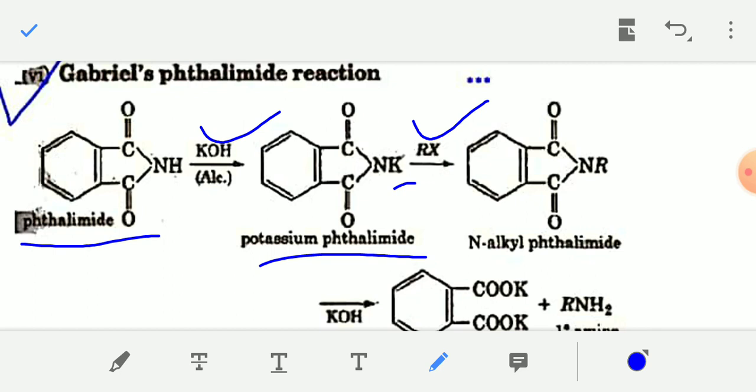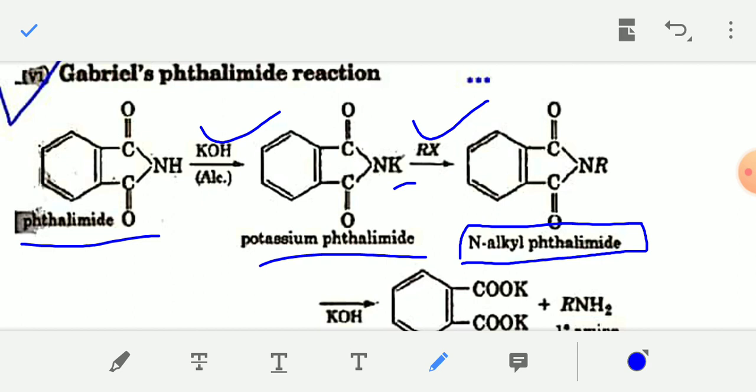You react this potassium phthalimide with alkyl halide RX, and by this reaction you will get N-alkyl phthalimide. So in the first step you react phthalimide with KOH and it is converted into potassium phthalimide. In the second step you react potassium phthalimide with alkyl halide RX. The product will be N-alkyl phthalimide.